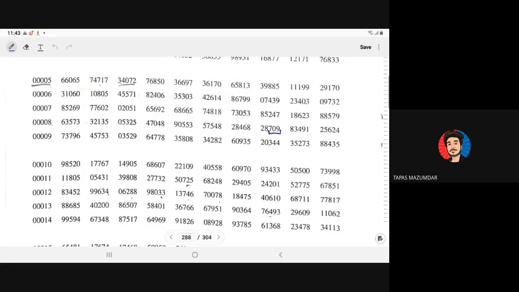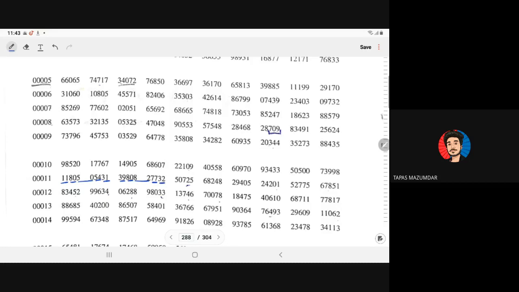You have to take the 2 digit random number. So the 2 digit random numbers will be 11, 80, 55, 0, 31, 39, 80, 82, 77, because we have to simulate for the 10 days.